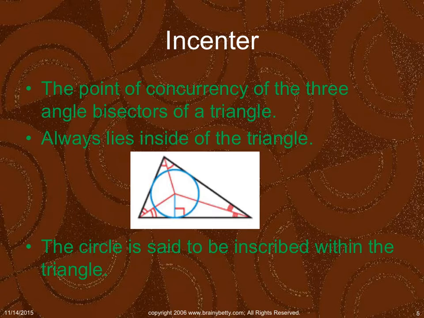And they're all running together. And where they come together is a point of concurrency. That point of concurrency right here is called the incenter. The incenter is equidistant from the sides of the triangle. So if I go directly from that point to each individual side, it would show me these lines.